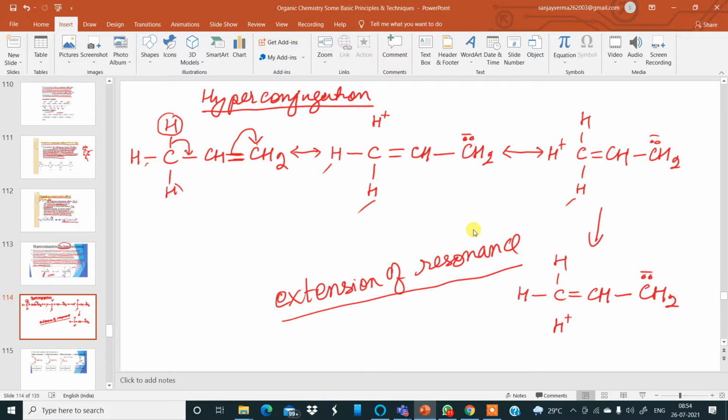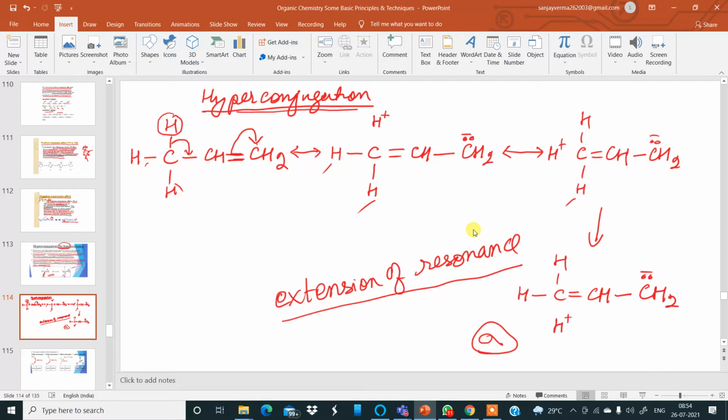Resonance involves conjugation of lone pair of electrons or pi electrons, whereas hyperconjugation involves conjugation of sigma electrons. Here there is conjugation of what? Sigma electrons of the carbon hydrogen bond with pi electrons of the double bond. So that was all about hyperconjugation.